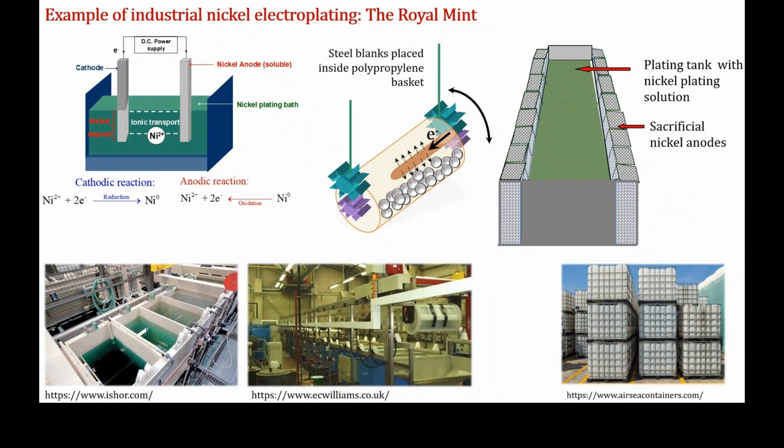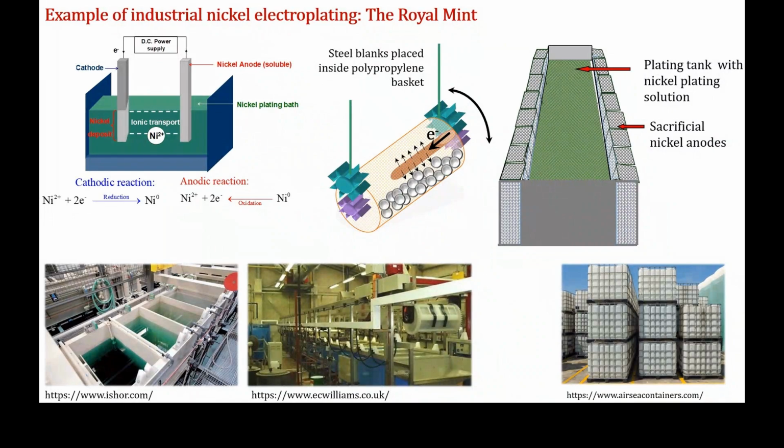The cathode, as well as the anode, are immersed in a plating bath where the metal ions that you want to reduce are essentially floating about. Now, if you start to electroplate ions out of the solution, their concentration will deplete. So in order to prevent that, you will have a metal anode.